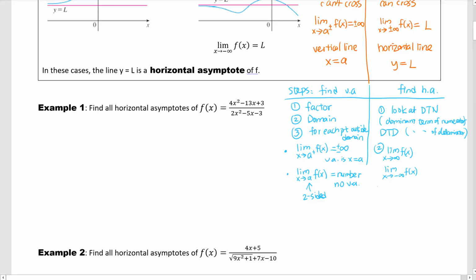If we get a number L, that means the horizontal asymptote is y equals L. If we don't get a number, so if we get infinity or minus infinity or the limit does not exist, then we don't have any horizontal asymptotes. So here are the steps. So far, so good, everybody? Okay, let's continue and solve our example 1.